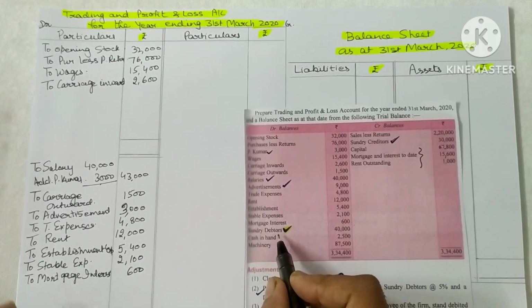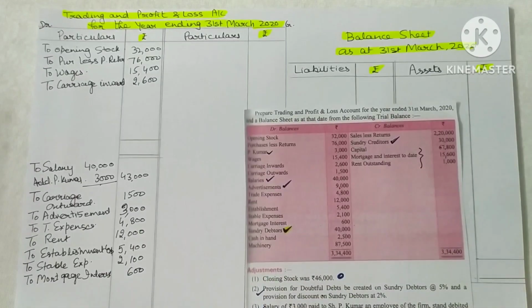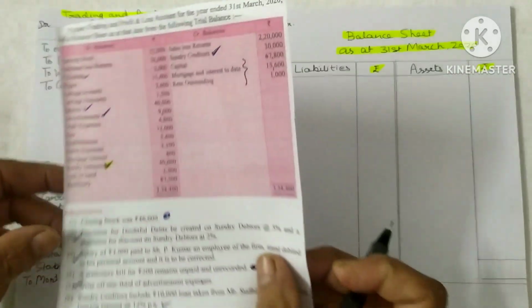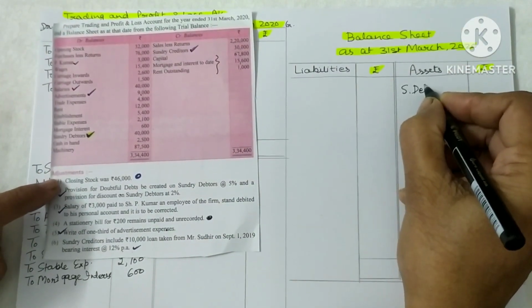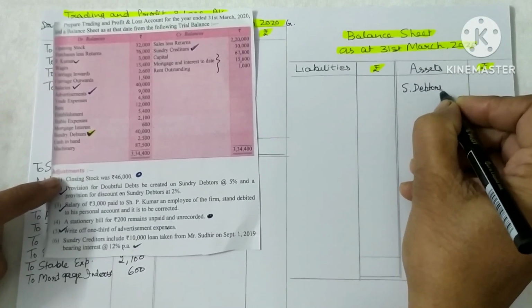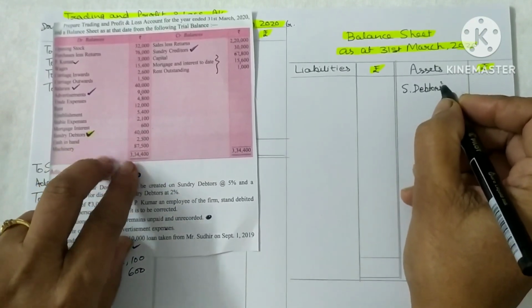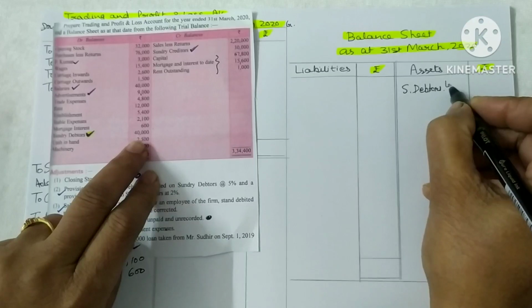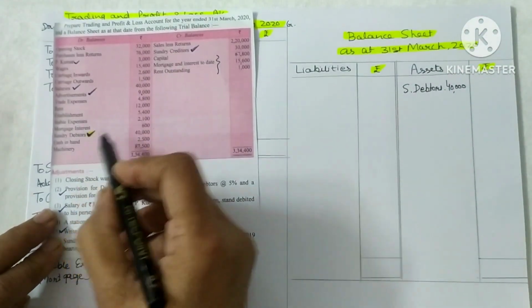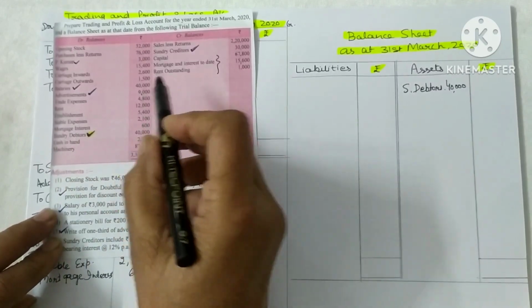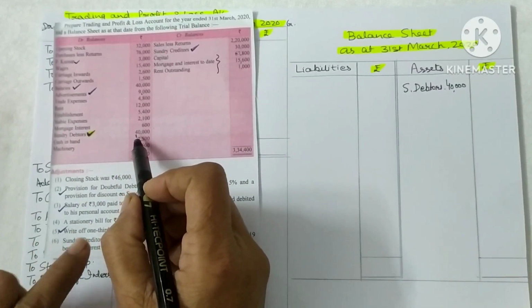Next is sundry debtors. There is an adjustment regarding sundry debtors in adjustment number 2. So you have to take sundry debtors in the balance sheet because this is an asset. Sundry debtors are 40,000. In the trial balance, bad debts and bad debts provisions are not given.